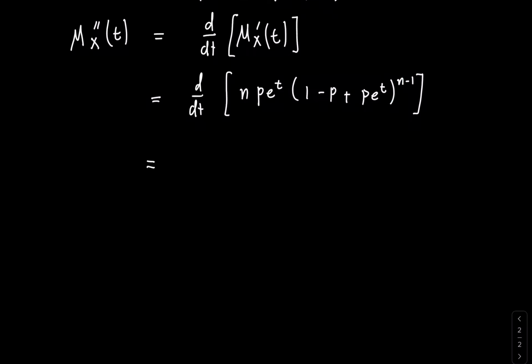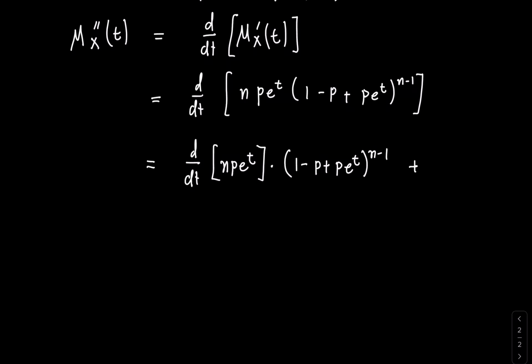So the first part is we're going to take the derivative of the first function, n p e to the t. Then we're going to just multiply that by the second expression, (1 minus p plus p e to the t) to the n minus 1.